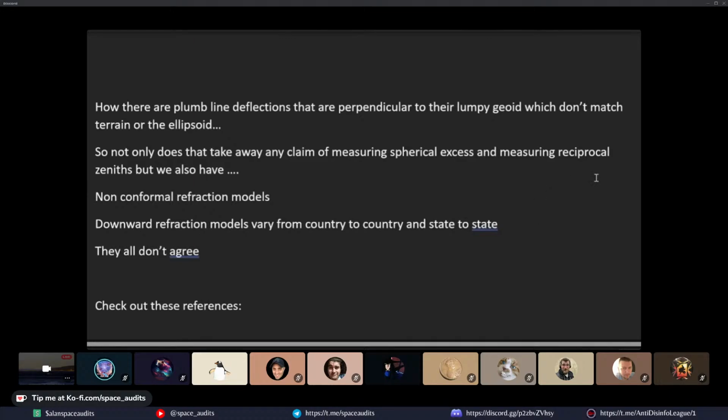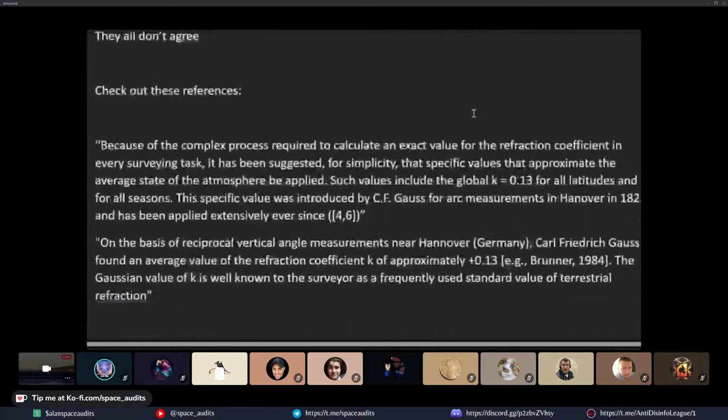That's the general principle when you try to look for a deflection of the vertical, how they don't line up. So that takes away from their claim of measuring spherical excess and measuring reciprocal zenith angles using this, but they also have non-conforming refraction models, downward refraction models that vary, refraction coefficients that change with the time, the season, and the state. So we can look into that just for a second.